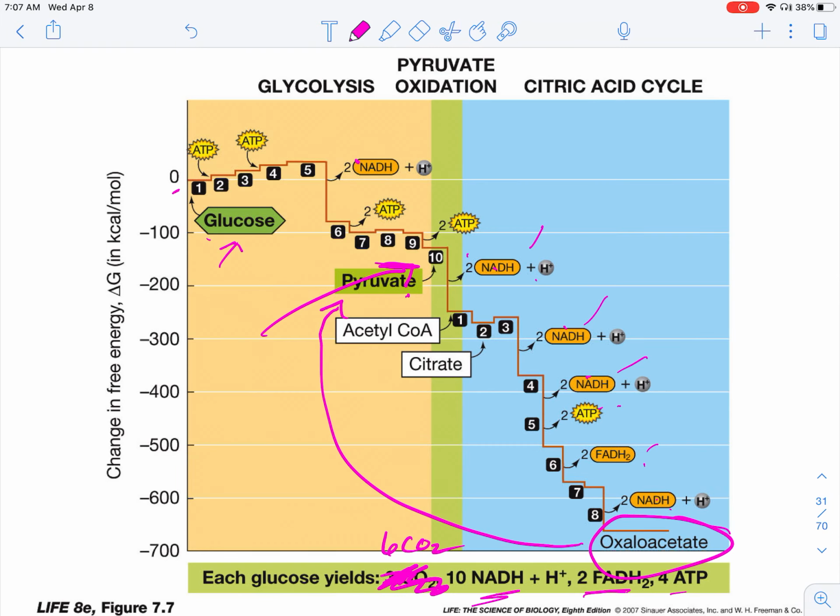Maybe I'll stop here and then just do oxidative phosphorylation. Yeah, I guess I'll do it that way. So this is the second step of cellular respiration, looking at pyruvate oxidation and the citric acid cycle. Again, now we've completely broken down the glucose.